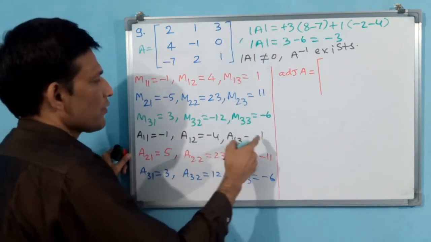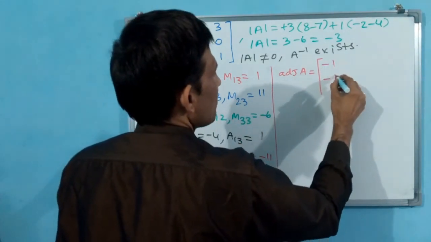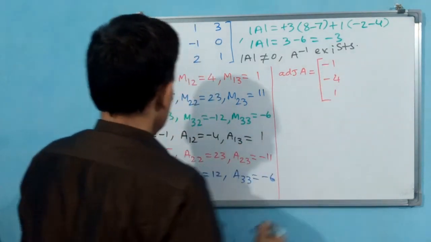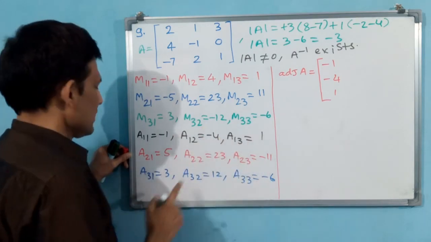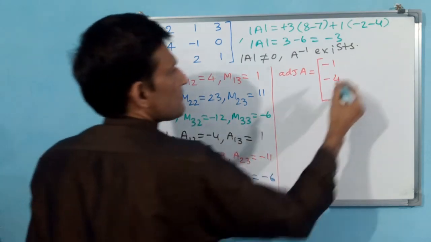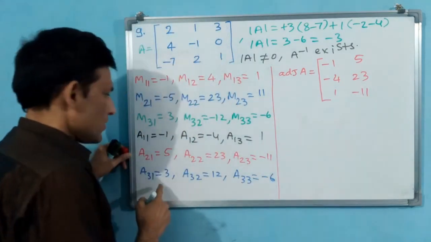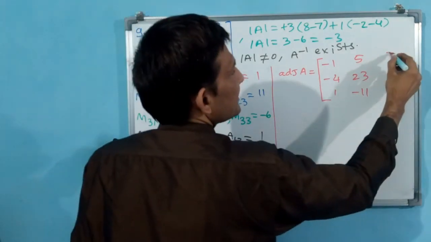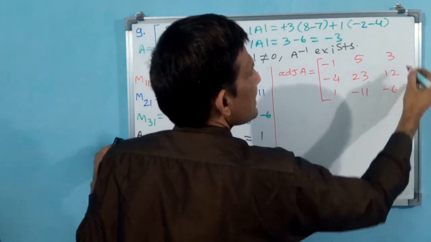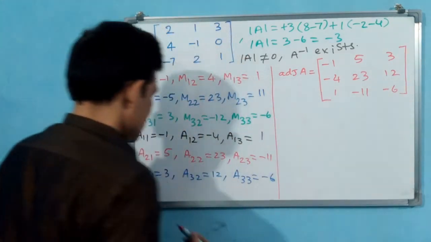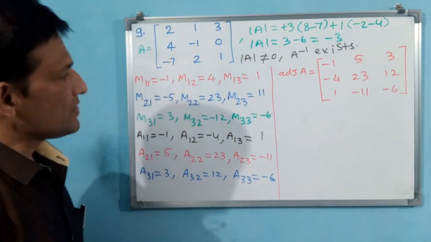Minus 1, minus 4, 1. Now 5, 2, 3, minus 11. 3, 1, 2, minus 6. Okay, this will be your adjoint A.